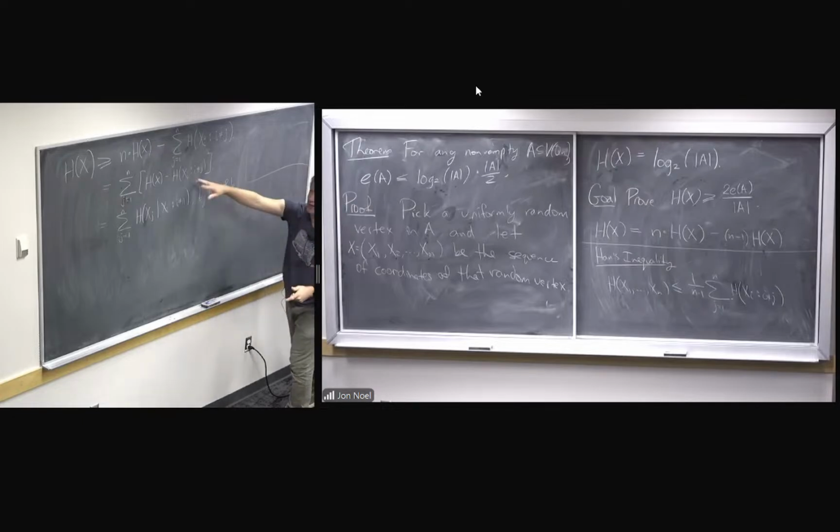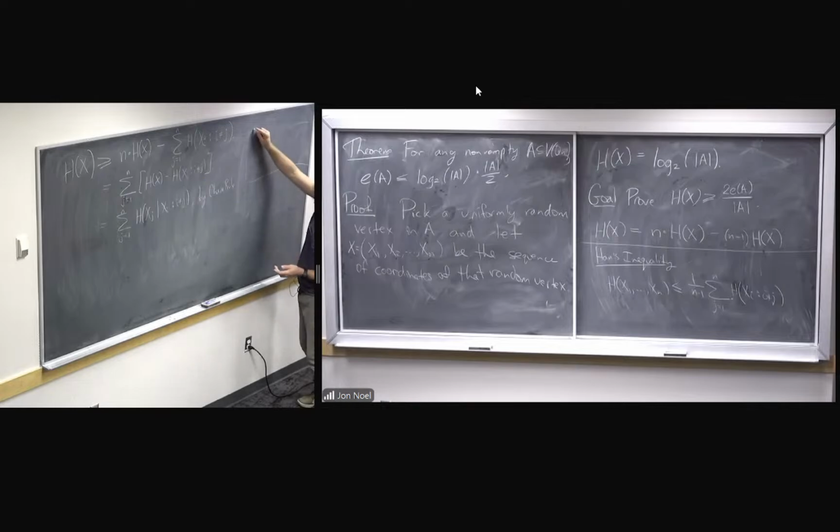For example, if I take x1 up to xn, I can say that it's the same thing as the following. Remember, entropy is about the information that you learn by learning the outcomes of these variables.